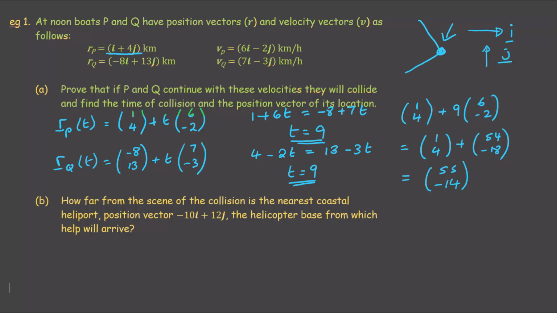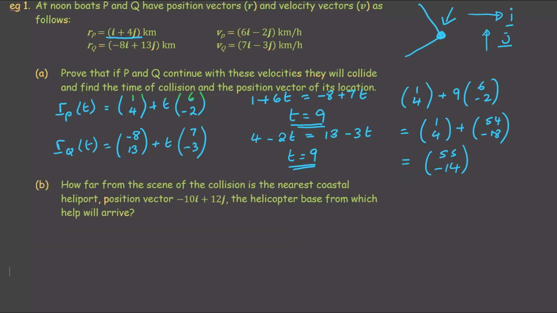So, how far from the scene of the collision is the nearest coastal heliport? The position vector of that is negative 10i plus 12j, the helicopter base from which help will arrive.